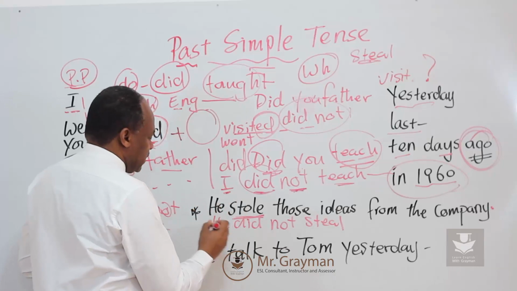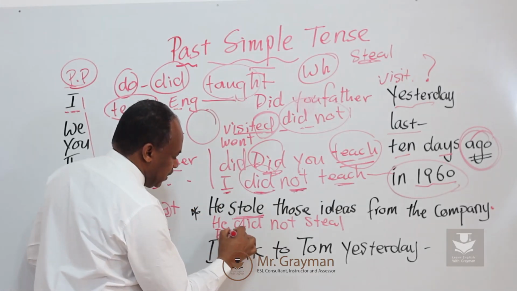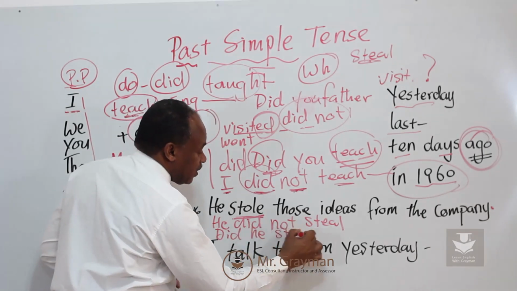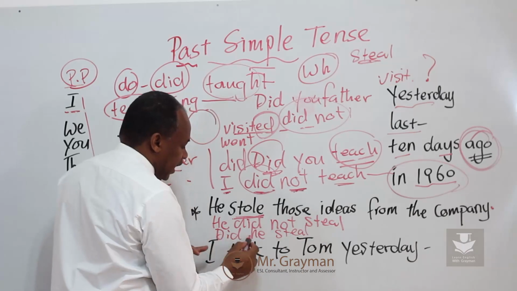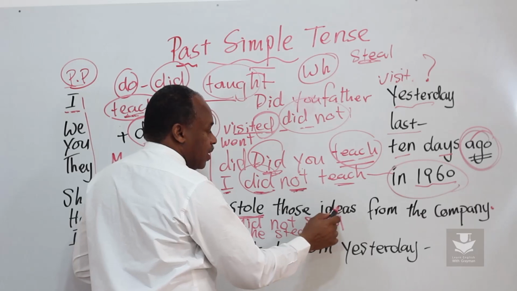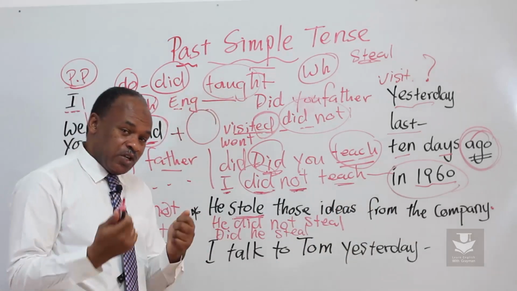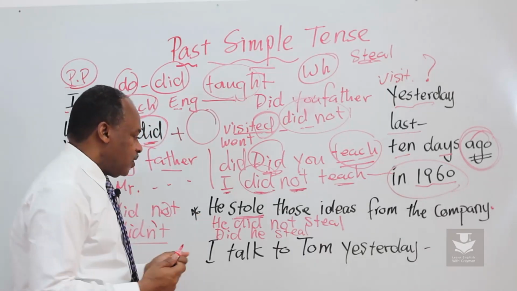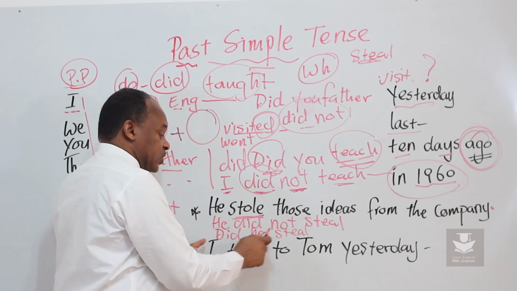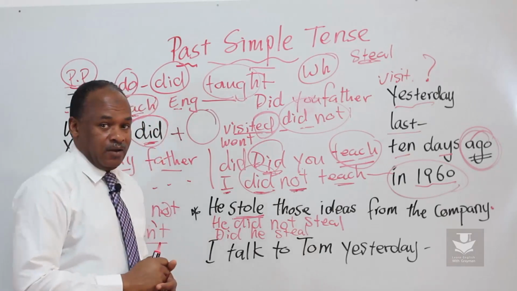Instead of writing all this, we say did he steal those ideas from the company? If you wanted to try a WH question, we say, when did he steal those ideas from the company?